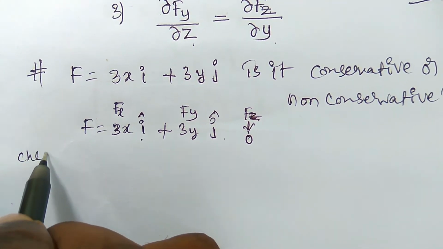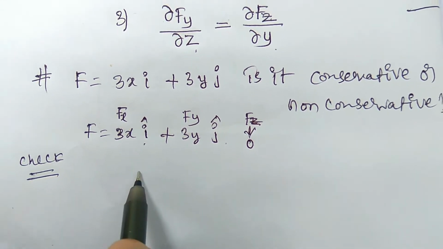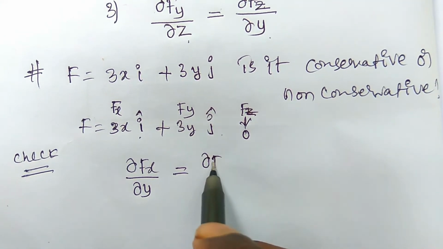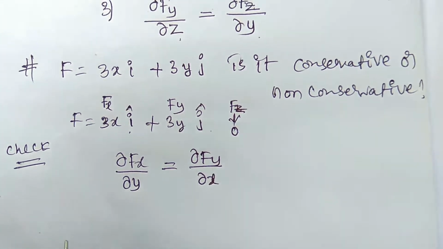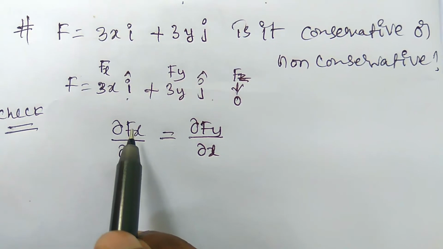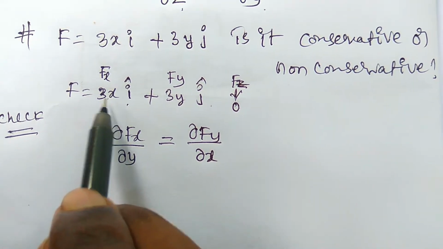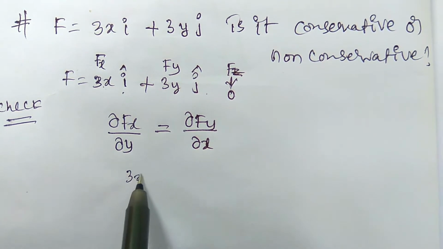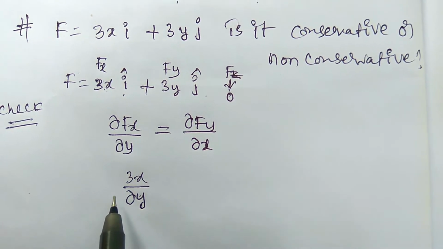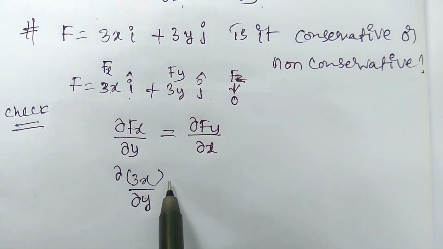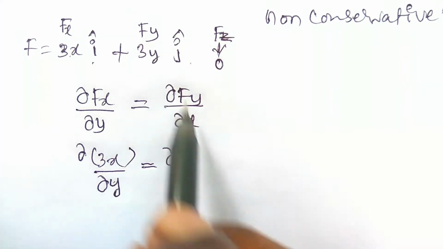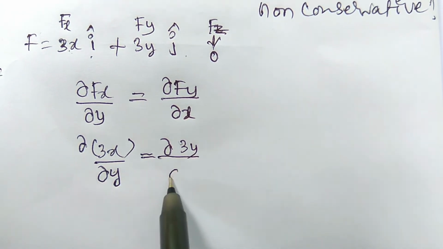So let's check. The first one is del fx by del y is equal to del fy by del x. Here Fx is 3x, so del 3x by del y, and del 3y by del x.